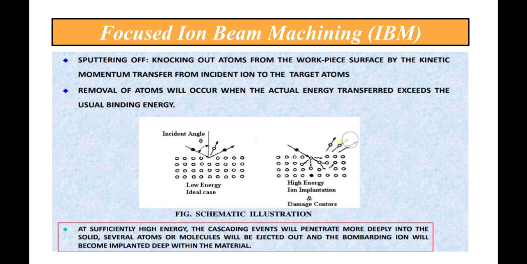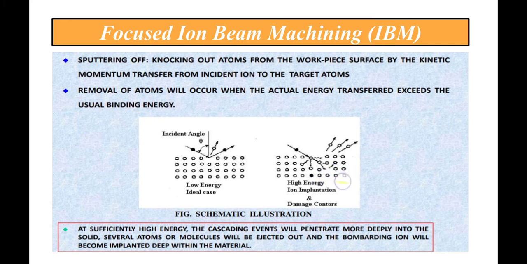But normally the energy of the ion is much more than what you really need to remove one single atom. And if you see in this particular case, the ion has much larger energy, so in place of one single atom, many atoms are removed from the surface, and the ion gets implanted below the top surface.